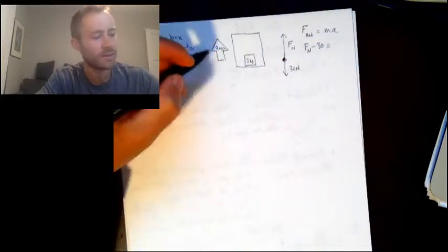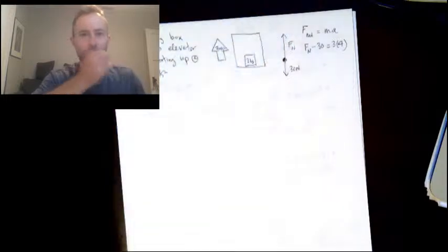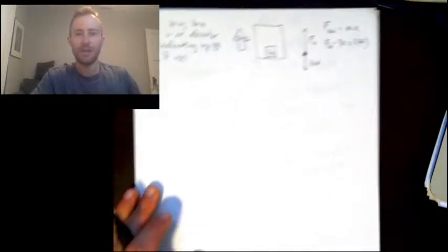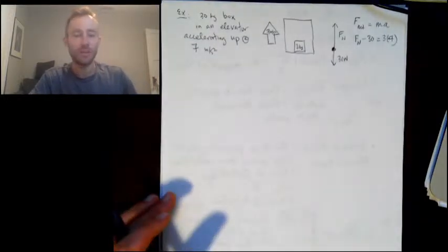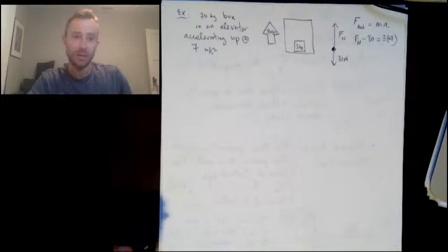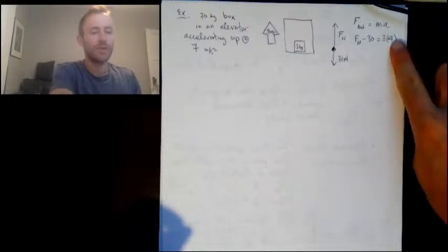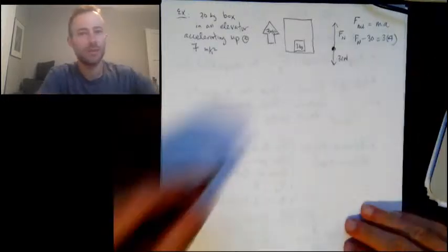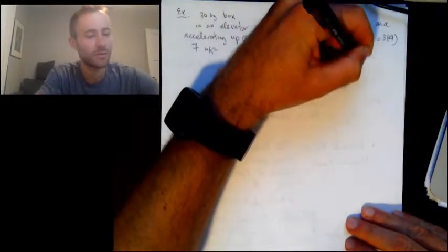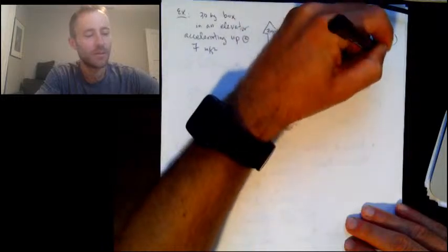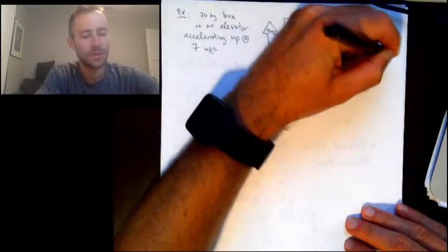So 3 times positive 7. Type it into the live chat if you think you know how this would change if the elevator was instead accelerating downward. Okay, but that's 21, and then I add 30 to the other side, and I get that the normal force would be 51 newtons in this case.